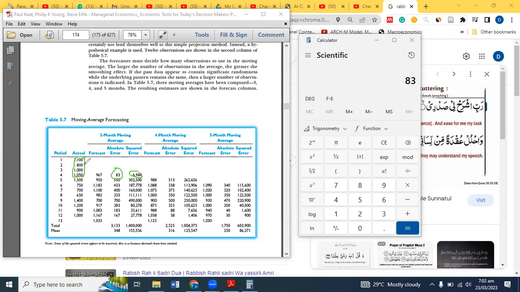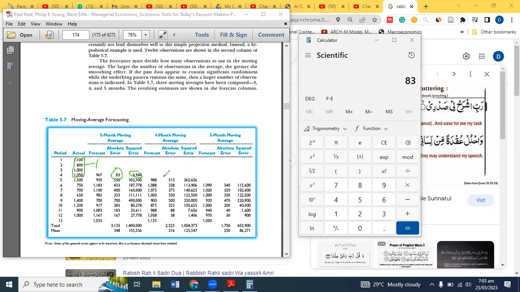If you add them and divide by 4, you can get this value, 988, which should be written in front of the next value, the 5th value.